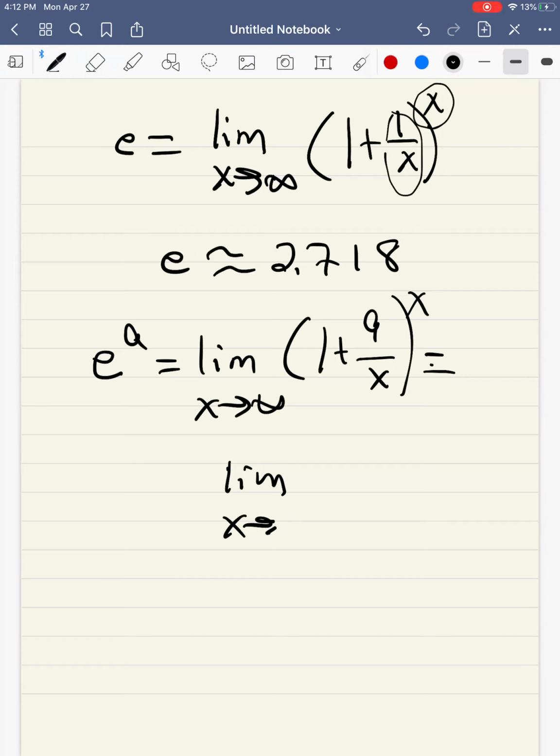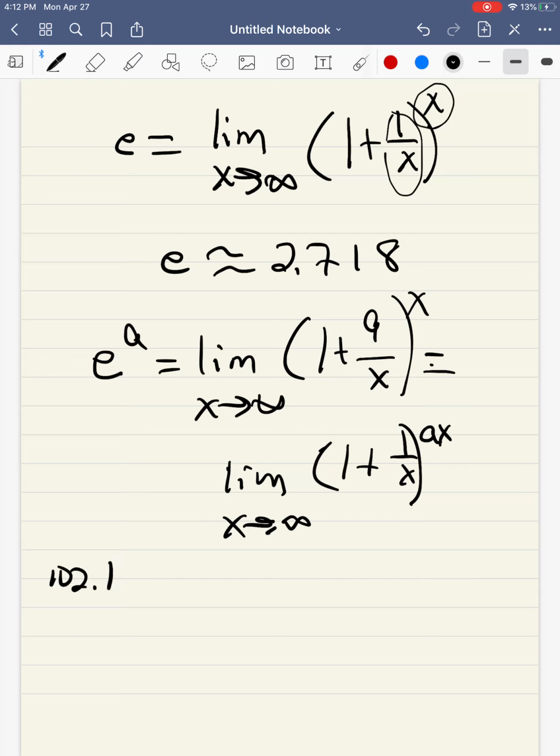Just got a new pen, guys, so I'm trying to learn how to make it work. That's for any real number a. We're not going to prove it, just know that these two are equal.